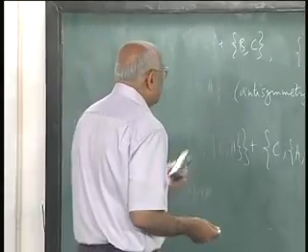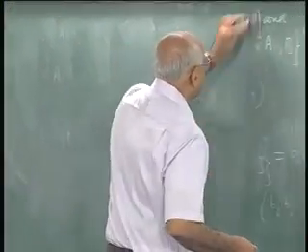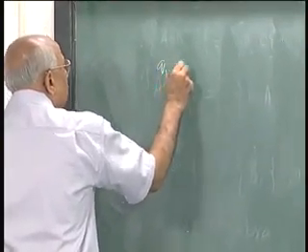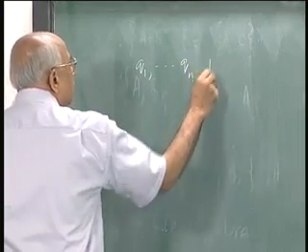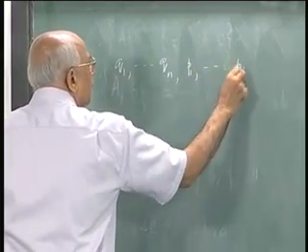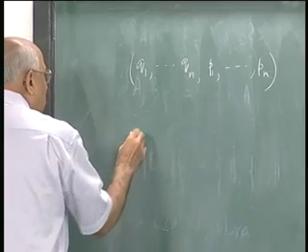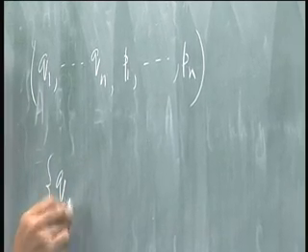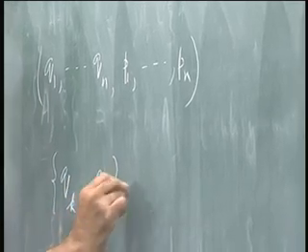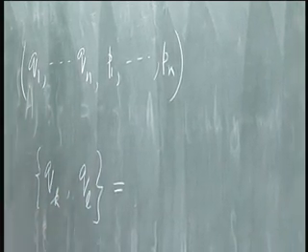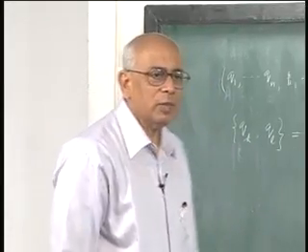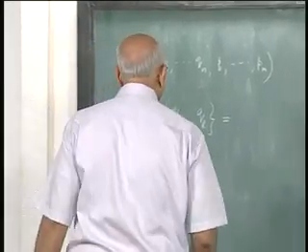Now let me define what is meant by conjugate. Recall that our independent variables were q1 up to qn, p1 up to pn, and I could ask what is the Poisson bracket of say qk with ql, what is this equal to? Certainly qk and ql are dynamical variables, phase space variables, and I could ask what is the Poisson bracket of this with that.